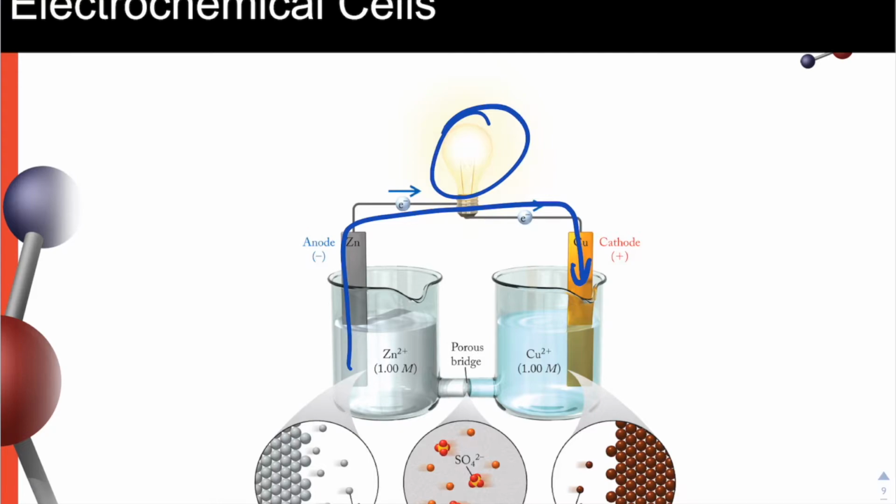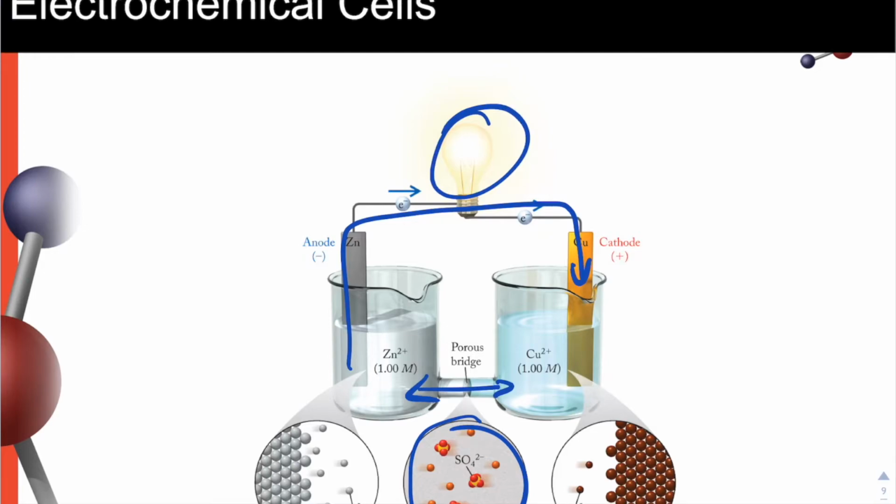We'll have this bathed in a salt solution, and the ions there are going to be important because they can migrate back and forth to maintain an electrochemical balance. Because on the left you're generating zinc cations, and on the right you're consuming copper cations. So that salt will allow a balance to be maintained.